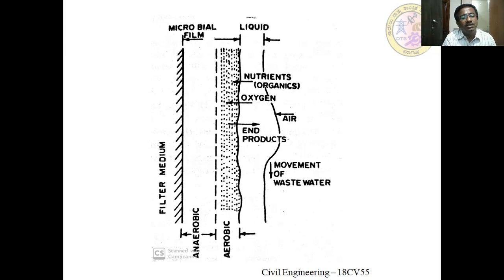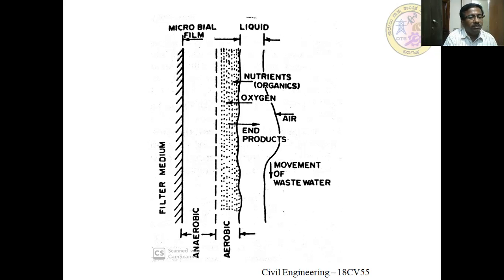As the thickness increases, the inner film becomes deficient in oxygen, and the microorganisms there also lack organic matter. By that, anaerobic decomposition takes place at the inner layer due to the shortage of oxygen.